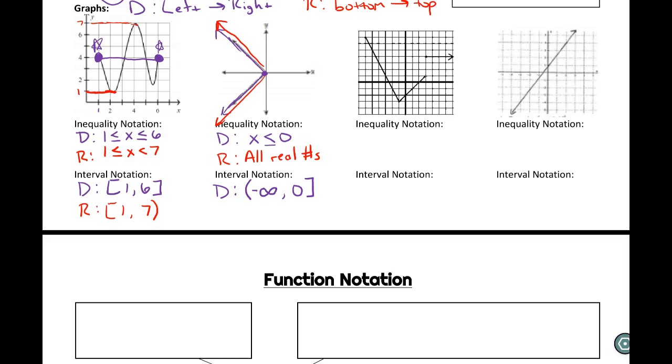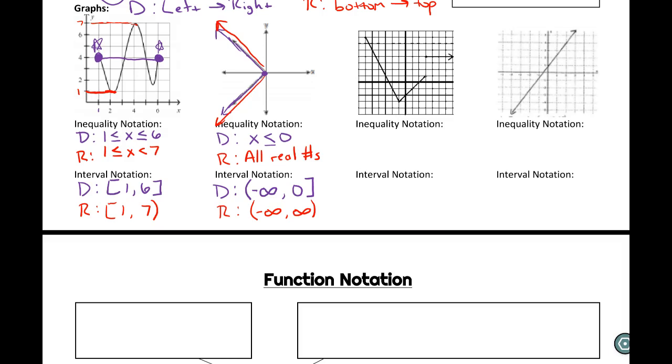That should be less than or equal to 0. It looks like it's including 0. And my range, since it's all real numbers, is going to go from negative infinity to positive infinity. But remember, we can never actually touch infinity, so we put parentheses around those.